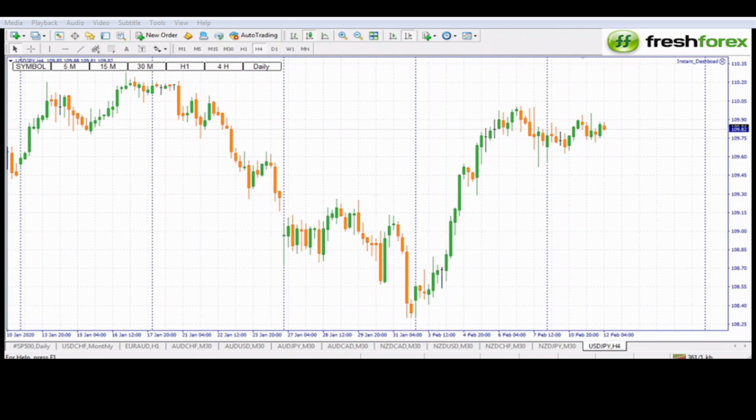So let's load my screen. Gold and silver are supposed to be in the same direction. If it's a trade on one, expect a similar trade.